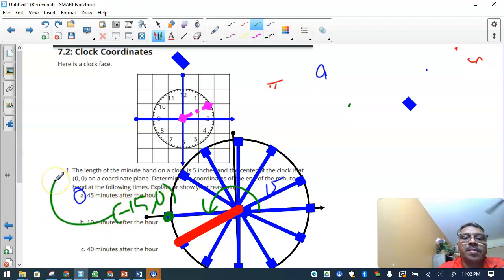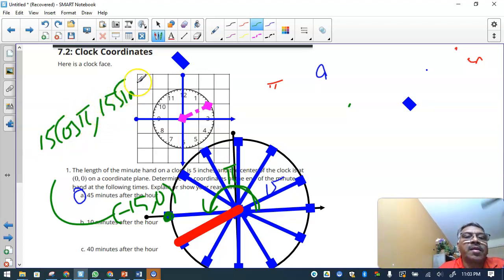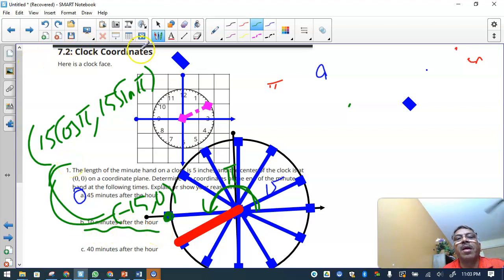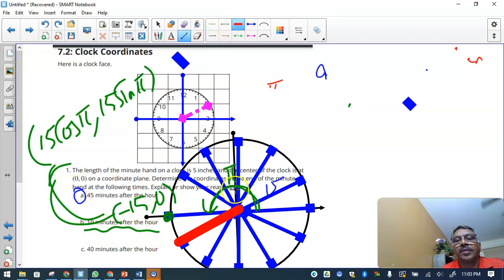Or you can write it, because it is pi, as 15 cosine of pi and 15 sine of pi. You're done. So there are two ways you can write it. Next, after 10 minutes means this one. So this part is 10 minutes, see? Let me use the pink color. This is 10 minutes, right? Everything stays the same.